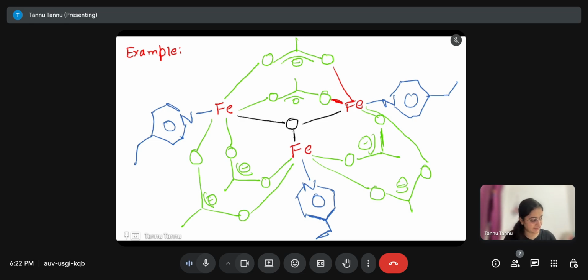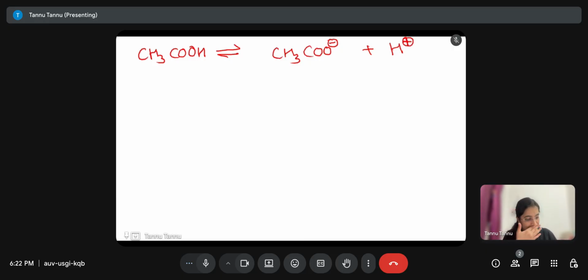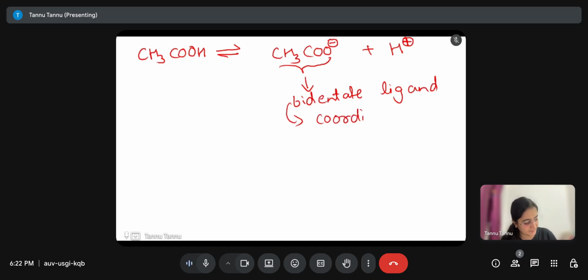So this is the example where the total charge distribution is. So we have CH3COOH, acetic acid, which is in equilibrium with its ionic form, and it's a bidentate ligand that is coordinating with its two oxygen atoms.